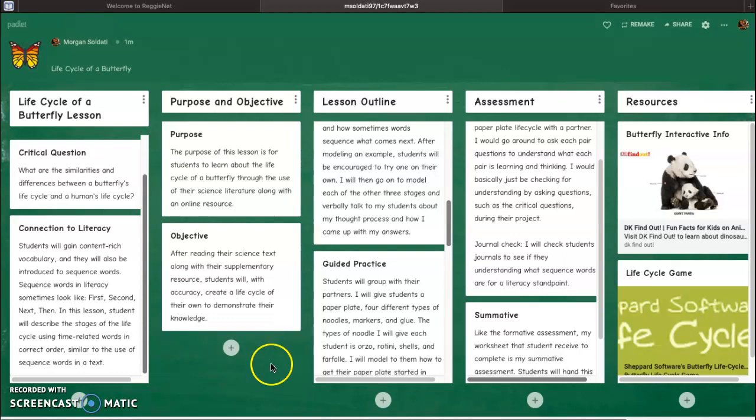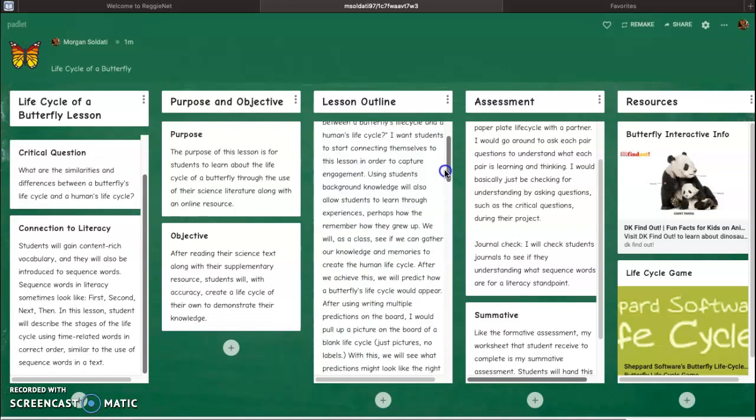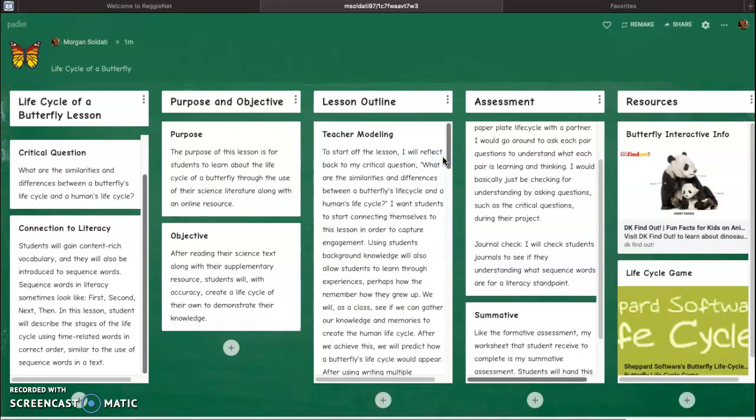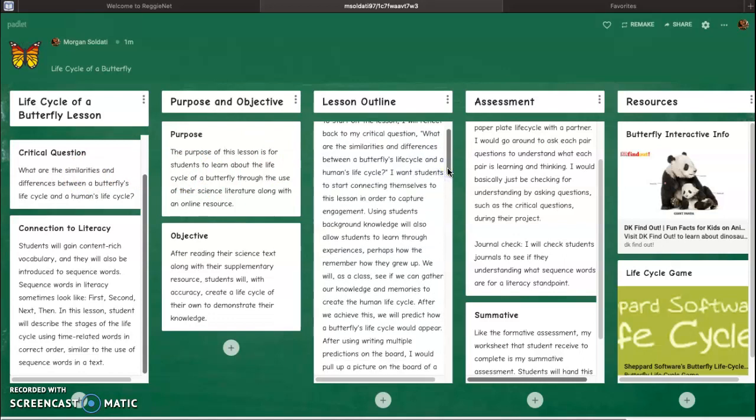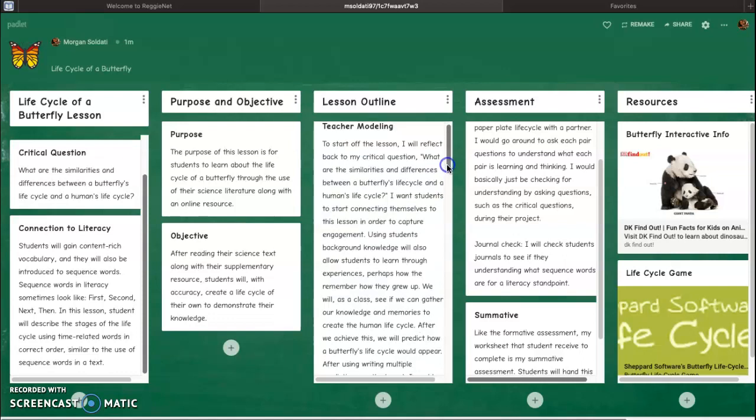So for my lesson outline, I broke it up into 3 parts to make it more understandable for me as well as you guys. So when I model, I really want to start off the lesson reflecting back to my critical question: what are the similarities and differences between a butterfly's life cycle and a human's life cycle? Like I said earlier, I'm a really big believer that if you can relate anything to your students, they're going to remember it for when they need the information, or heck, they may even remember it 2 years or 4 years down the road.